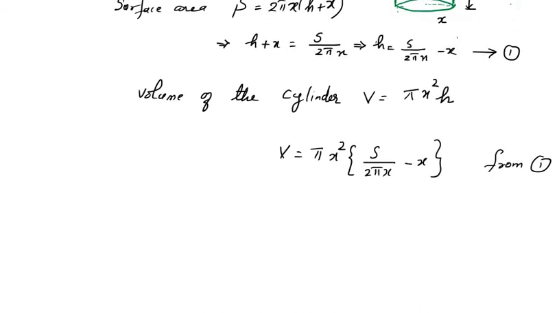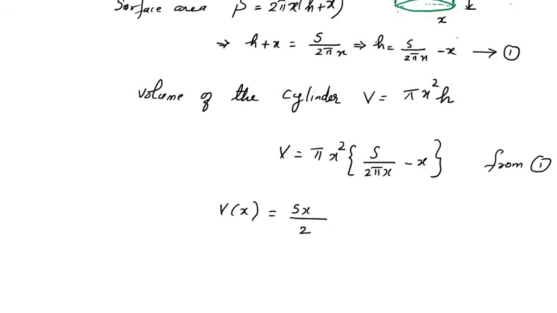Write this in the proper form after multiplying everything. V of x, or V completely, I have written in terms of x. Therefore, V of x is equal to, if I multiply here, pi and pi get cancelled, one x and x get cancelled, then I will be getting s x by 2.